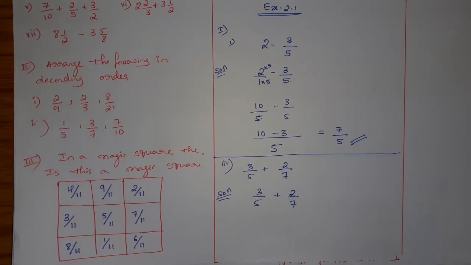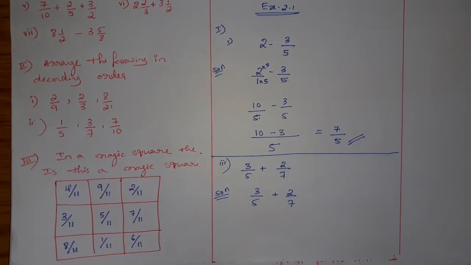Even if you don't get that common number, what you can do is multiply this 7 here and multiply this 5 here. 7 5s are how much? 35, no? 5 7s are how much? 35. So 35 is the common number in the 5 table as well as the 7 table.